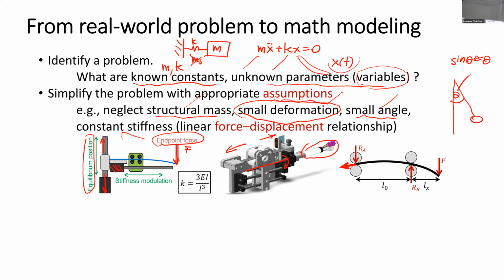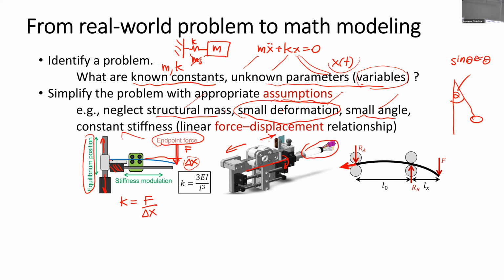We apply the force, and the leaf spring has the deformation. The stiffness is the force divided by the deformation.